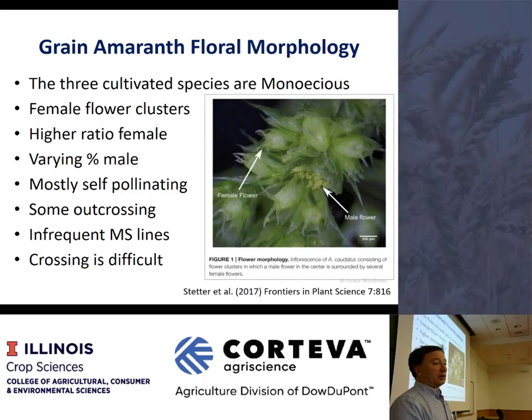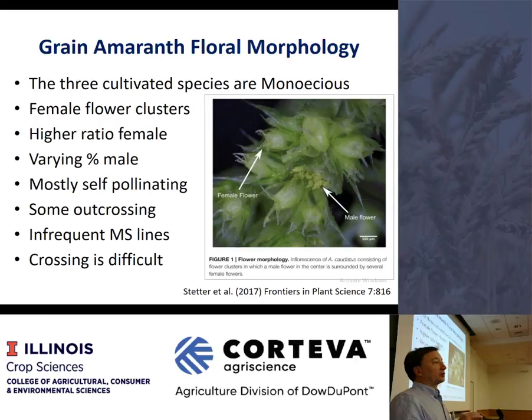There's also a different ratio of female to male flowers, and all 3 of the cultivated species are monoecious, so they do have a tendency to self-pollinate to a surprising extent compared to some other species that have this mixture of male and female flowers within the same little branch or raceme of a panicle or a seed head.